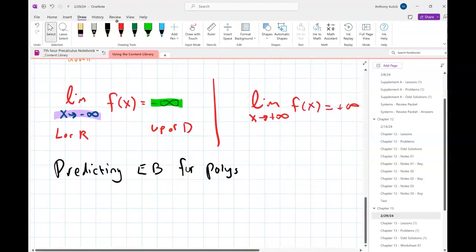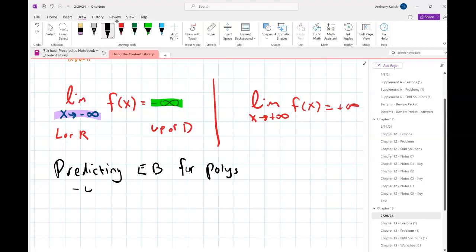So we can actually predict the end behavior of a polynomial just by looking at the equation. All I need to do that is the degree of my polynomial and its leading coefficient.